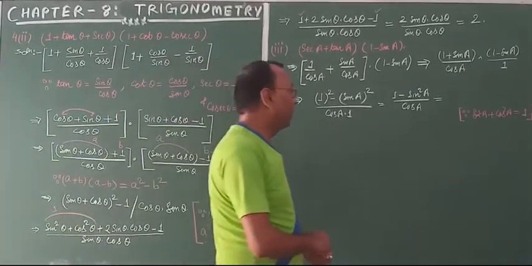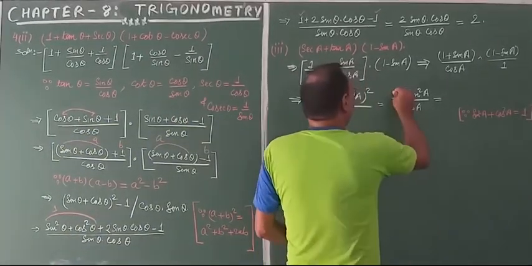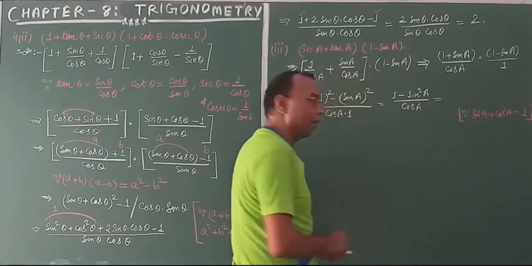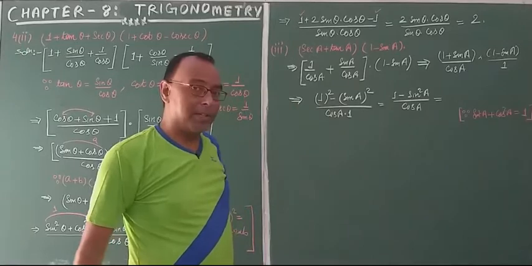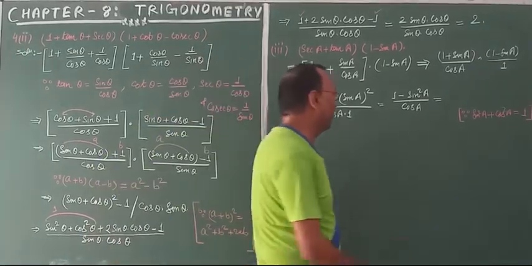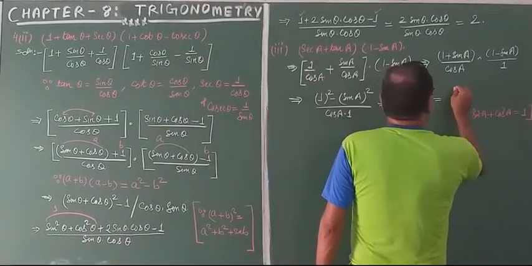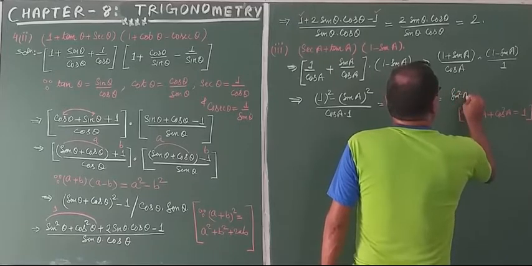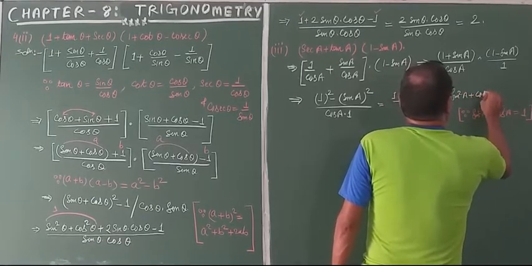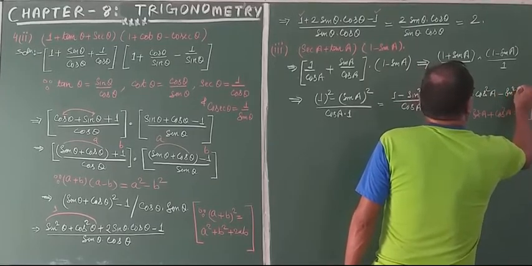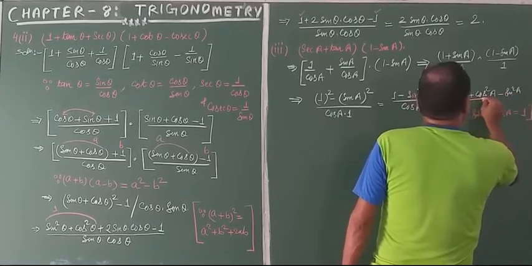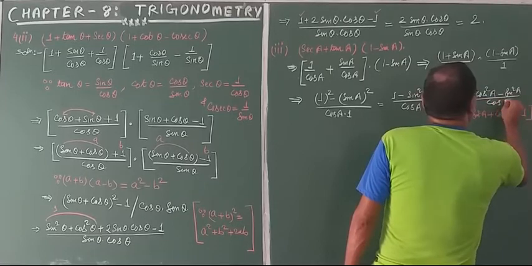So can we replace this 1 with sin square A plus cos square A? We can write in place of 1, sin square A plus cos square A. So this can become sin square A plus cos square A minus sin square A upon cos A.